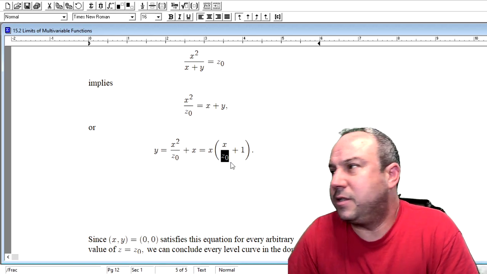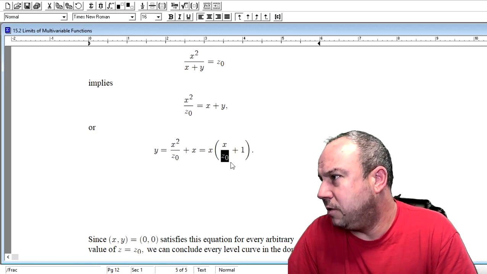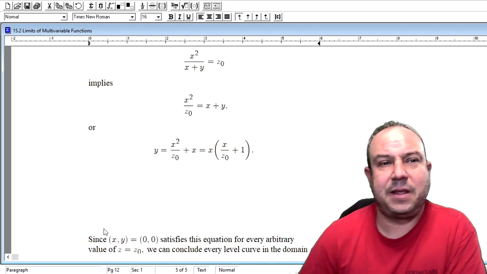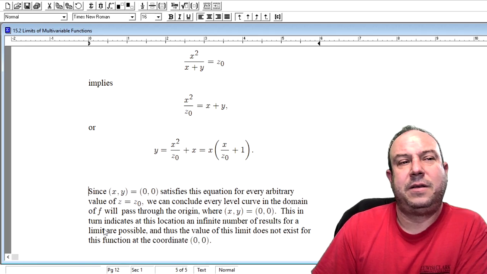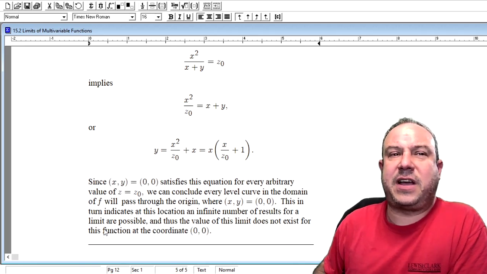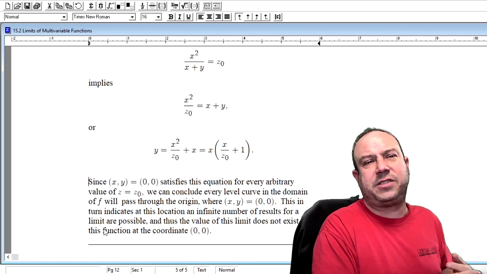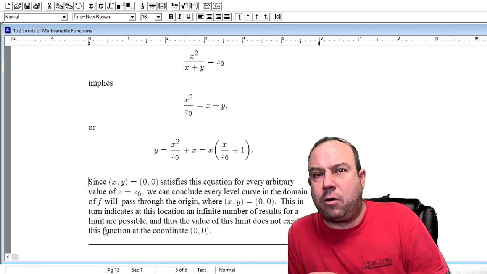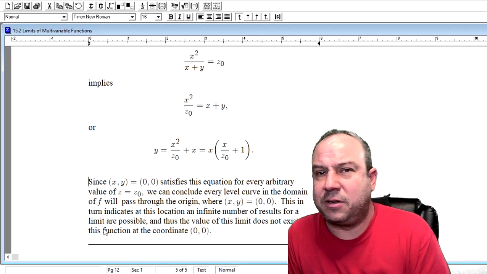That illustrates an approach at the origin in the system. Since x comma y equal to 0, 0 satisfies this equation for every arbitrary value of z equal to z null, we can conclude every level curve in the domain of f will pass through the origin where x comma y is equal to 0, 0.